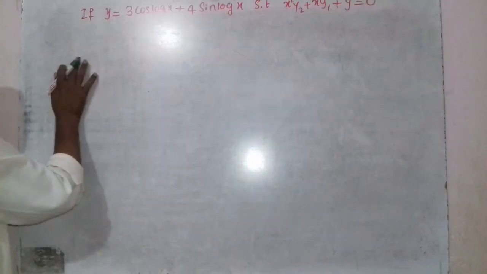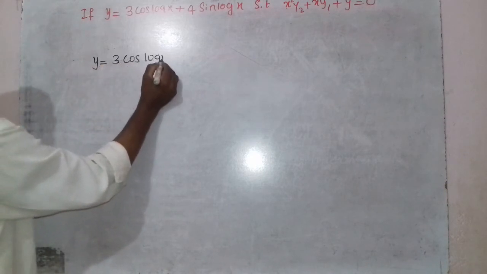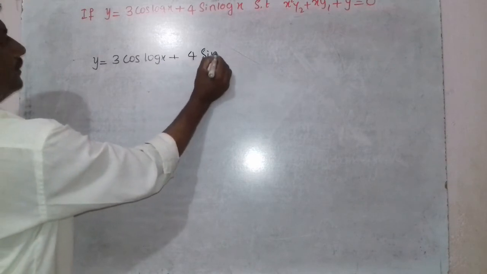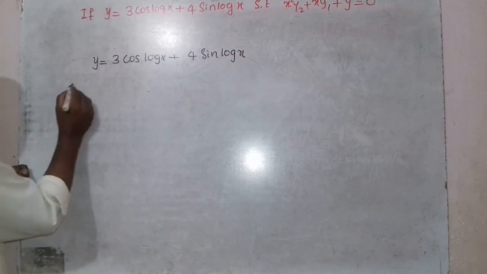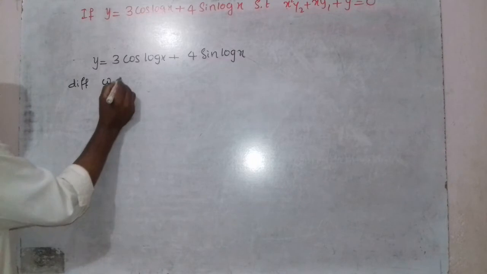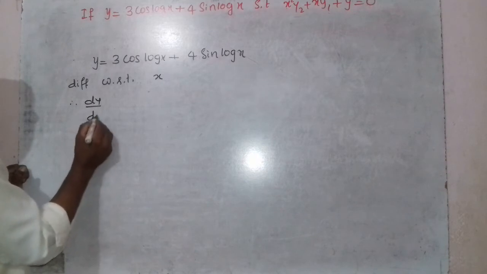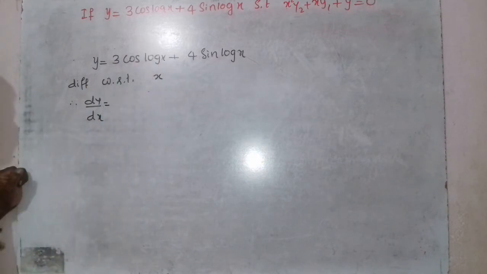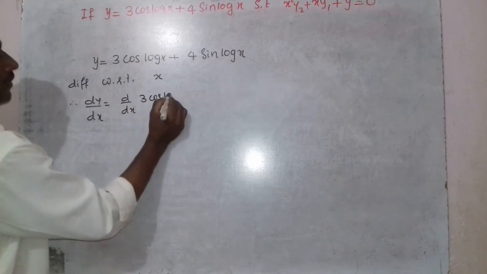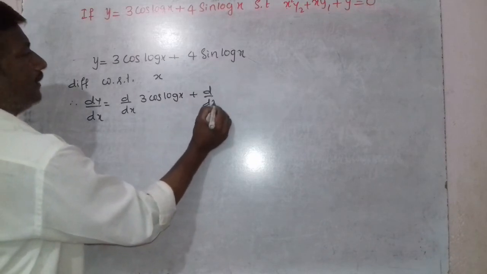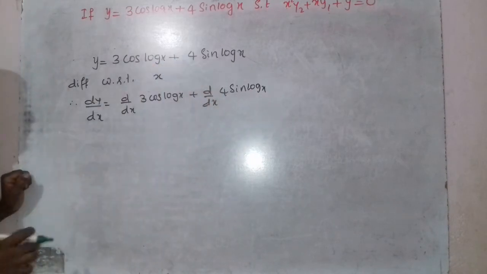Therefore, given that y equal to 3 cos log x plus 4 sin log x. Differentiate with respect to x. dy by dx or y1 equal to dy by dx of 3 cos log x plus dy by dx of 4 sin log x, fx plus gx.